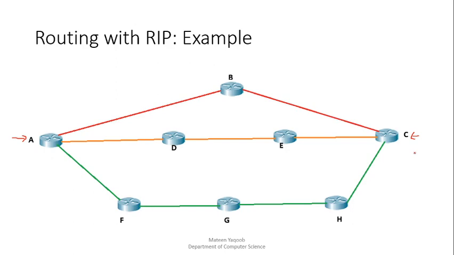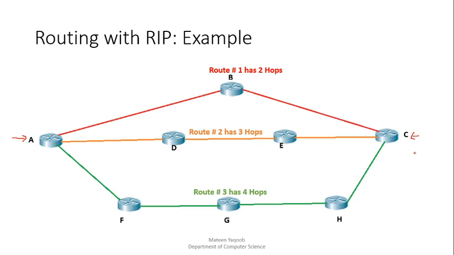The first route is this one, from A to B and then to C. This route has only 2 hops. The second route is from A to D, then E, and then C. This route has 3 hops. The third route has 4 hops, which is highlighted in green. If the RIP protocol is working here, the best route, which has the lesser count, will be chosen: route number 1, from A to B and then to C. So route 1 will be chosen.